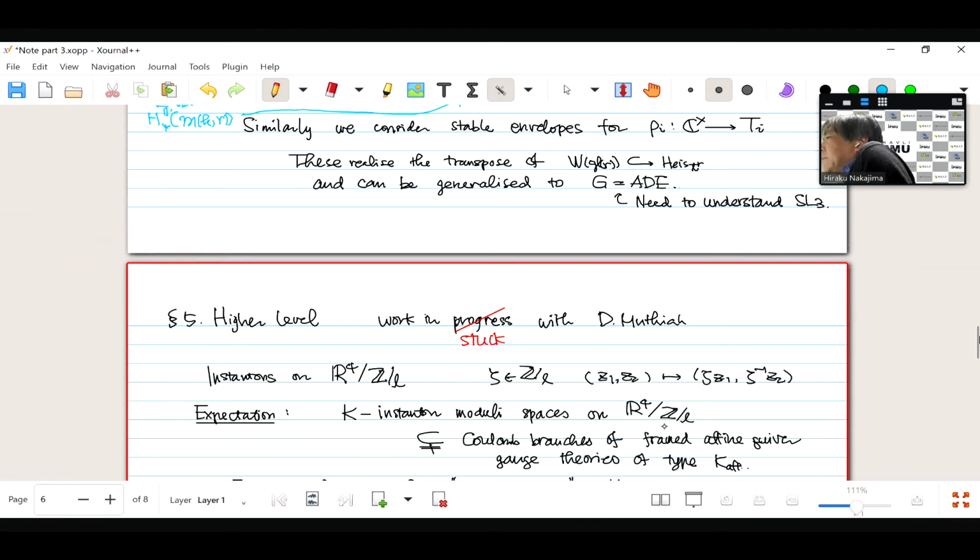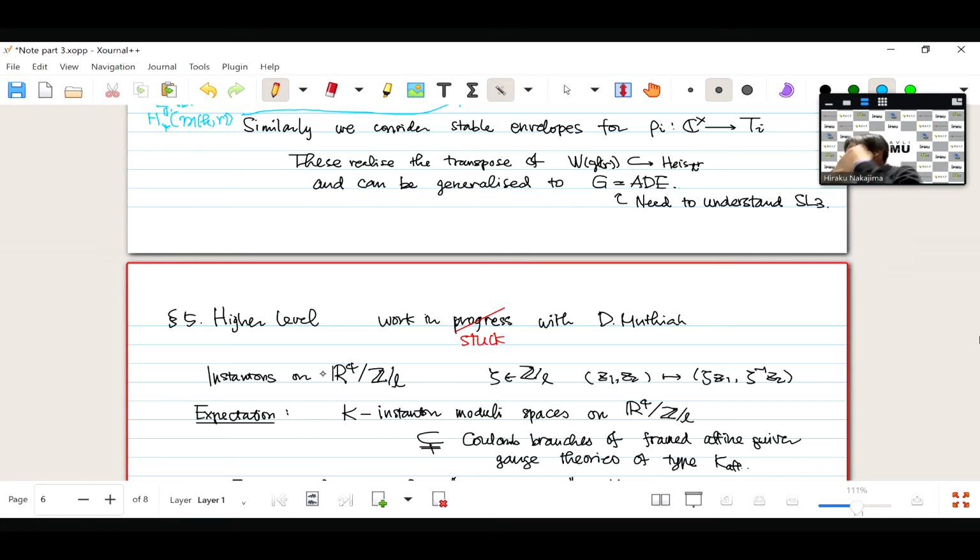Anyway, what do I mean by higher level? We consider the framed instanton on S4, where S4 is the one-point compactification of R4.